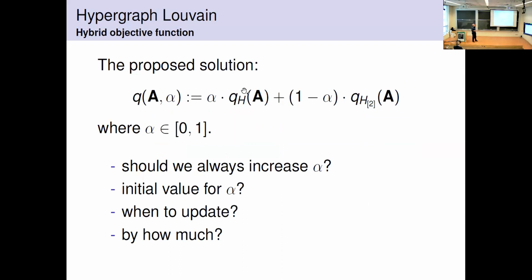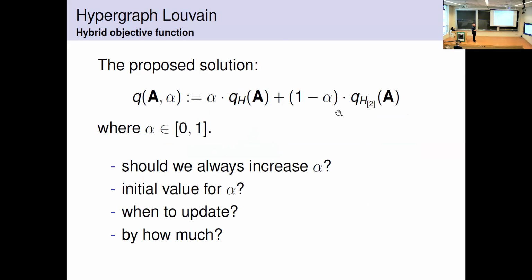So we're going to start with some alpha that typically will be close to 0, which means that at first we're going to optimize with respect to the two-section modularity. Q is the symbol for modularity. I use QH for hypergraph modularity, one of the many flavors that we have.